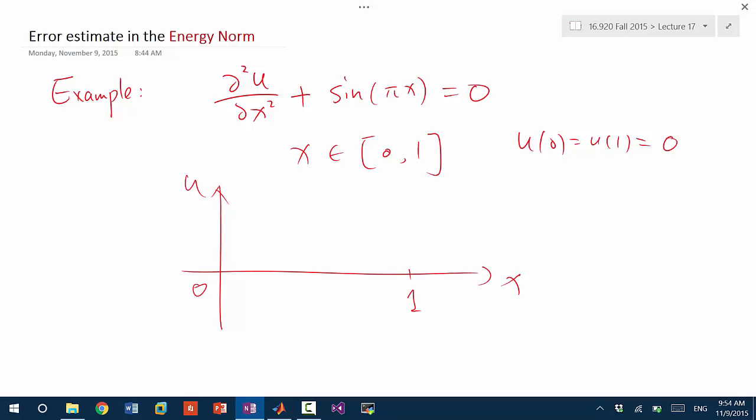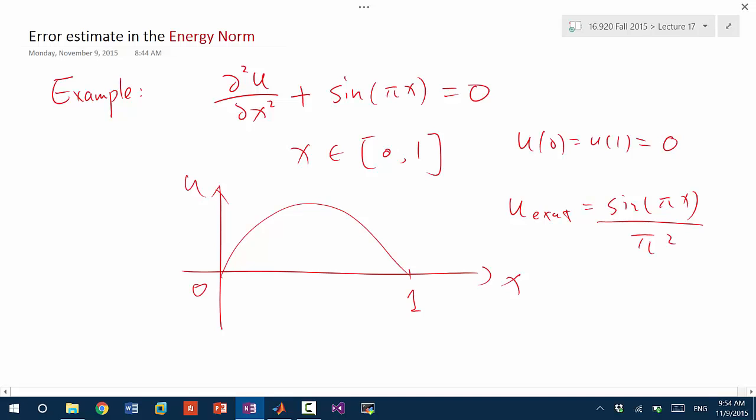u exact should be equal to sine of pi x, and what's the constant here? Over pi squared, exactly, because the first time you take a derivative of sine, you get a cosine of pi x times pi.